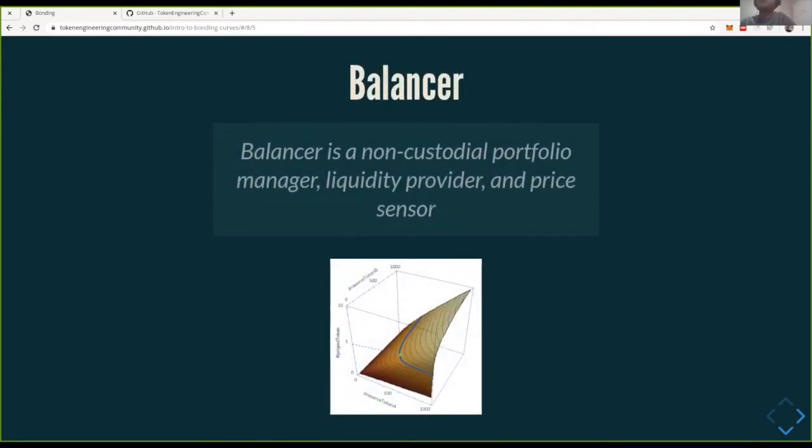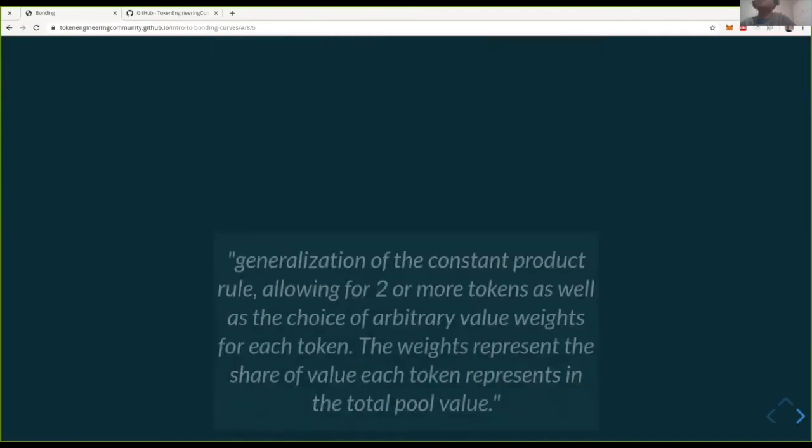So Balancer is a sort of portfolio manager, and it's difficult to see from this image, but it's a 3D image. It's no longer your basic idea of a monotonically increasing bonding curve, but introduces more dimensions and has some of the same properties.